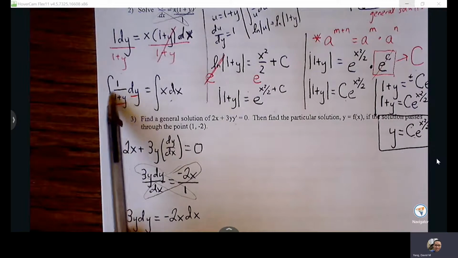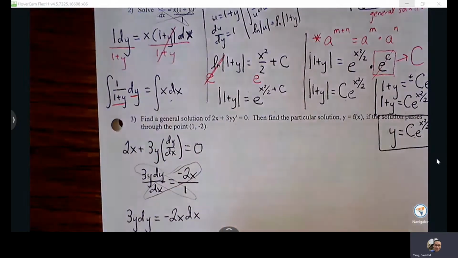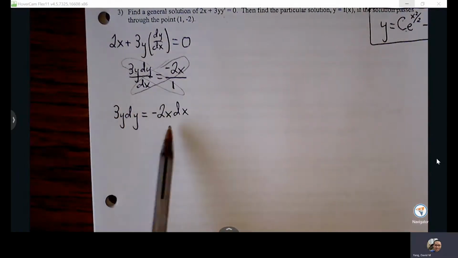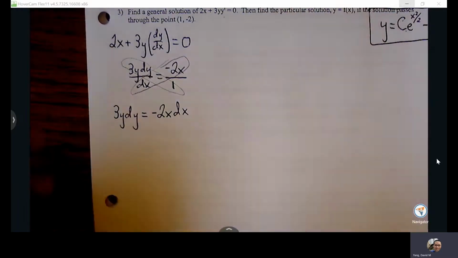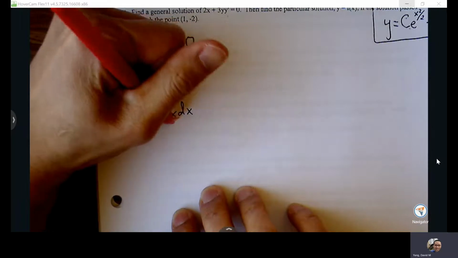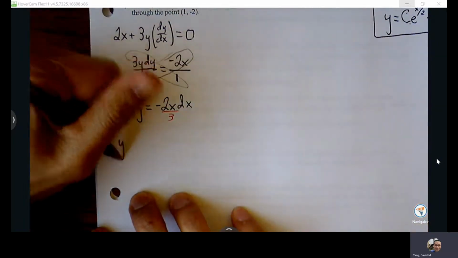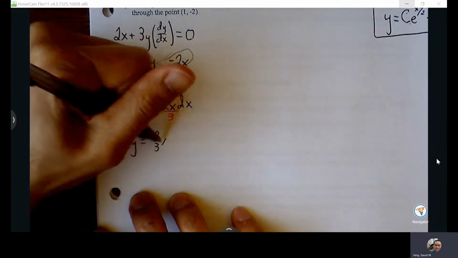The 1 here is stuck, so it has to stay where it is. But if something can be moved, I typically just move it, because eventually it's going to have to be on the right side. Any small step we take makes our process a little easier down the road. Okay, so y dy equals negative 2/3 x dx.